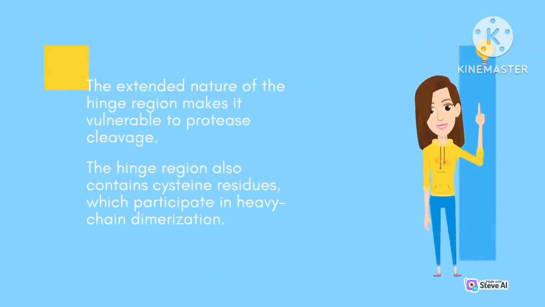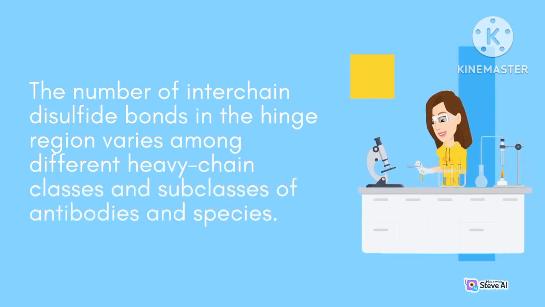The extended nature of the hinge region makes it vulnerable to protease cleavage. The hinge region also contains cysteine residues, which participate in heavy chain dimerization. The number of interchain disulfide bonds in the hinge region varies among different heavy chain classes and subclasses of antibodies and species.